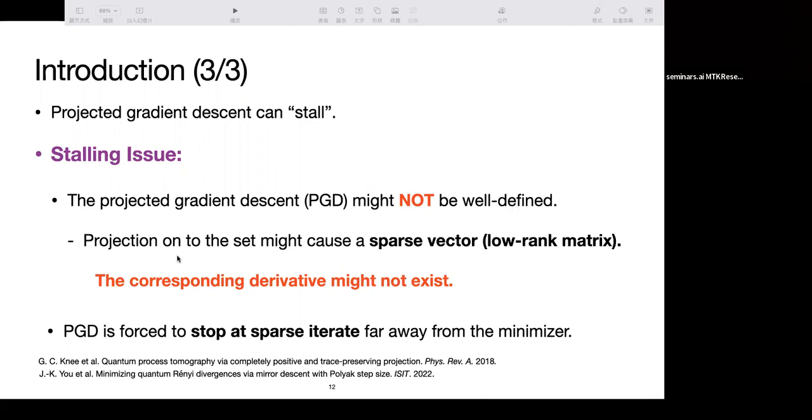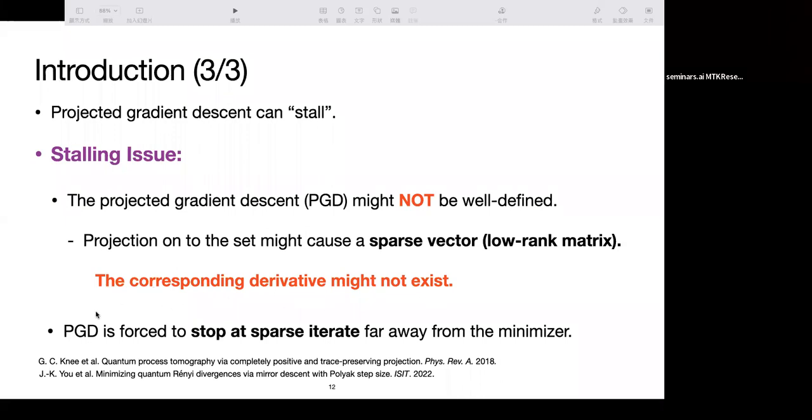This is because projection onto the set, for example, the probability simplex, might cause a sparse vector, which means a low rank density matrix in the matrix case. And this causes the corresponding derivative to possibly not exist.